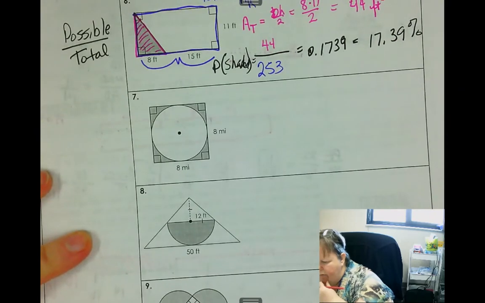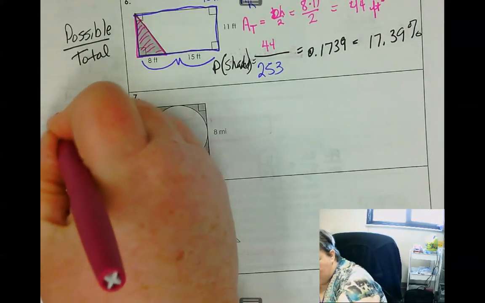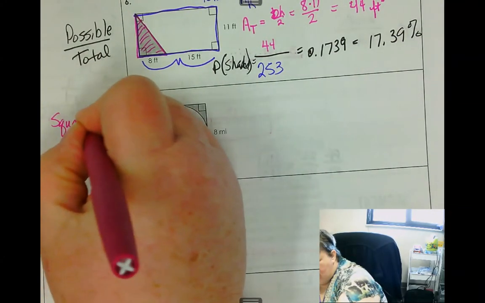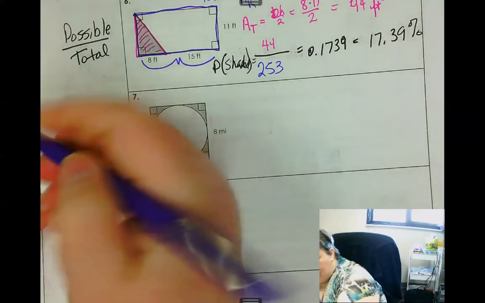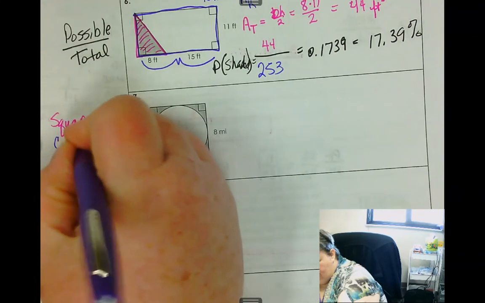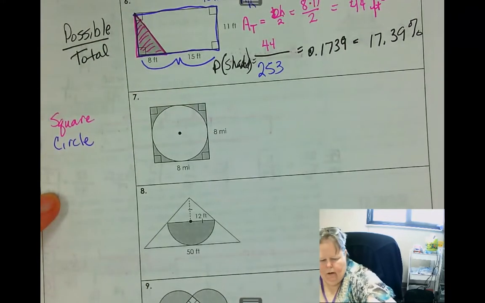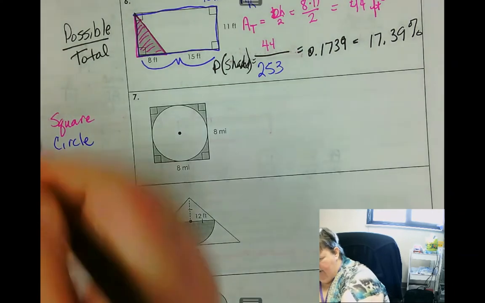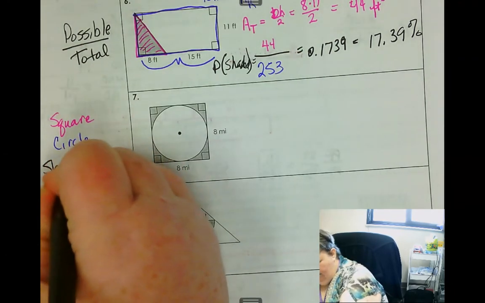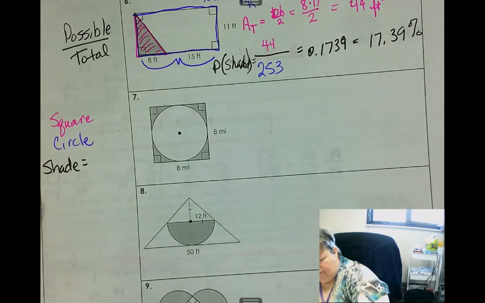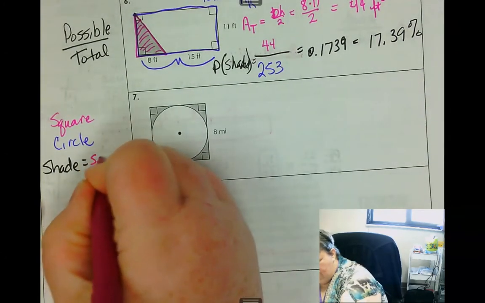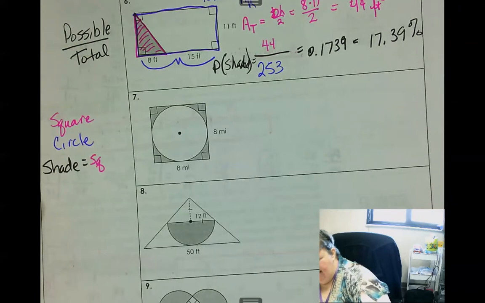Number 7 here. So let's analyze the situation. We have a square. We have a circle. And in that square, the shaded area equals the square minus the circle.